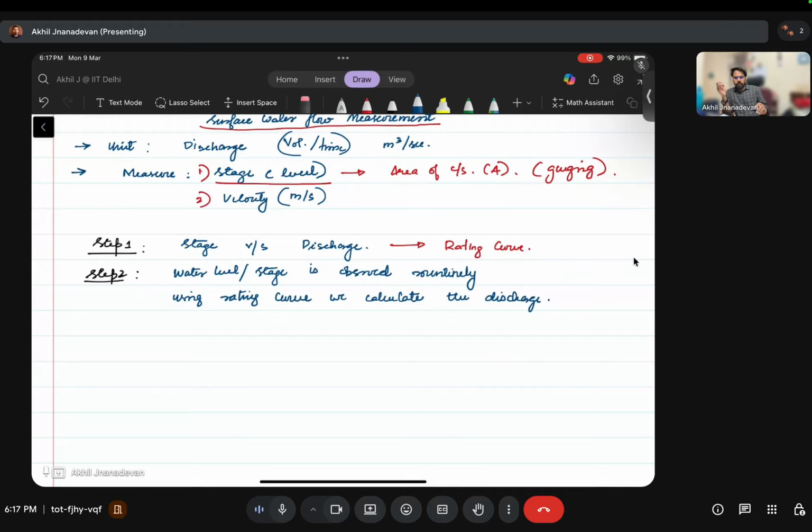So this is the method that we use to measure discharge instead of measuring discharge directly. We just have to measure the stage. We already have the rating curves with us, so we just measure the stage and put it in the graph to get the discharge, right?